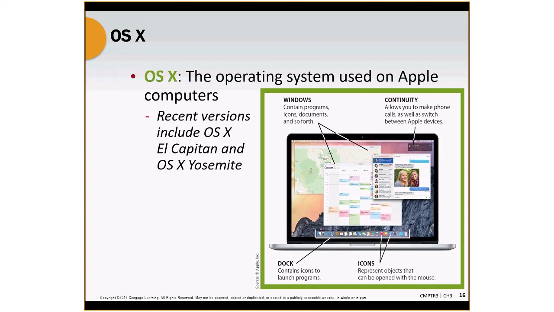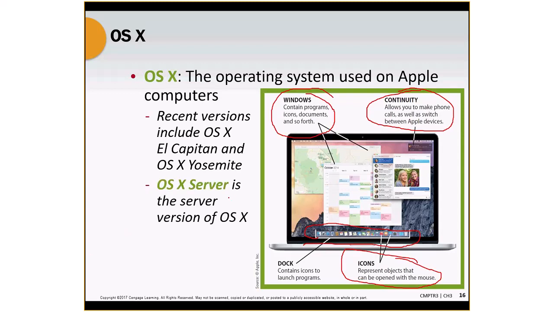With our Macs, we have a dock down at the bottom with different icons that we can press on that lead you to different programs. And then we have our windows; whenever we click on something, it opens a new window. They also have continuity, which allows you to make phone calls if you have your Apple device connected to it and close by.